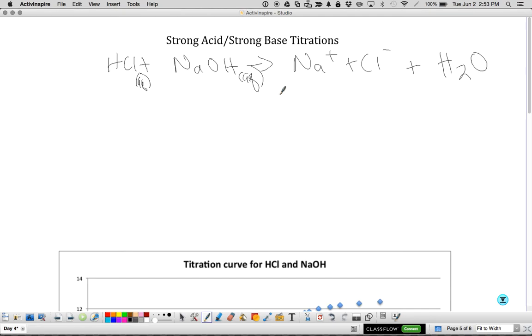or a very little effect on pH, which means that if I react 1 mole of this with 1 mole of this, the solution should be neutral, which means that the equivalence point should happen around pH 7.